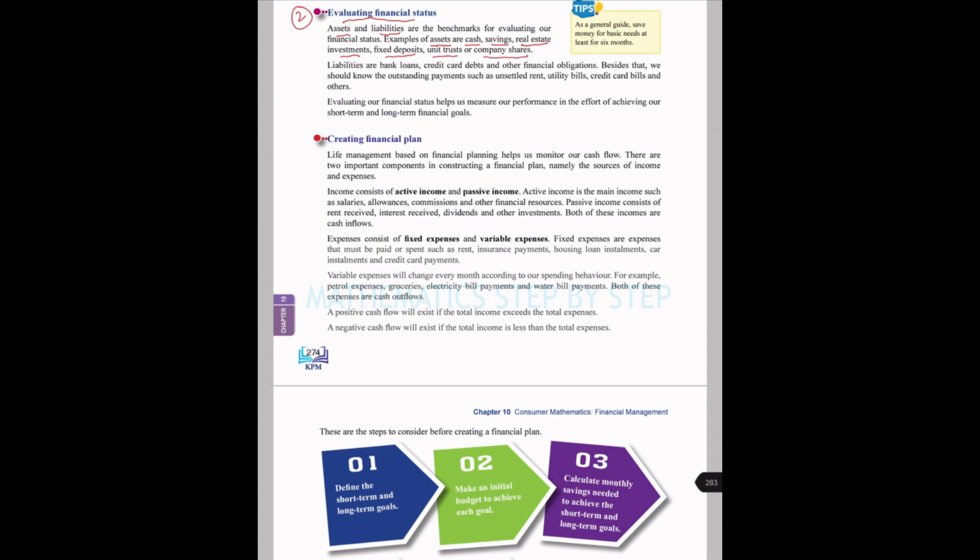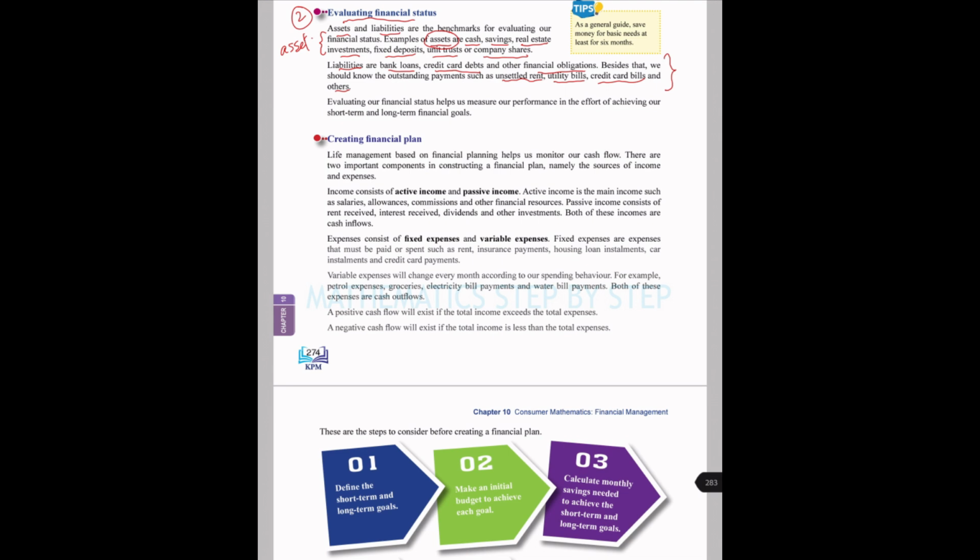Okay, all these are assets. Okay, liabilities are bank loans, credit card debts, and other financial obligations. Besides that, we should know the outstanding payments such as unsettled rent, utility bills, credit card bills, and others. Okay, all these are liabilities.